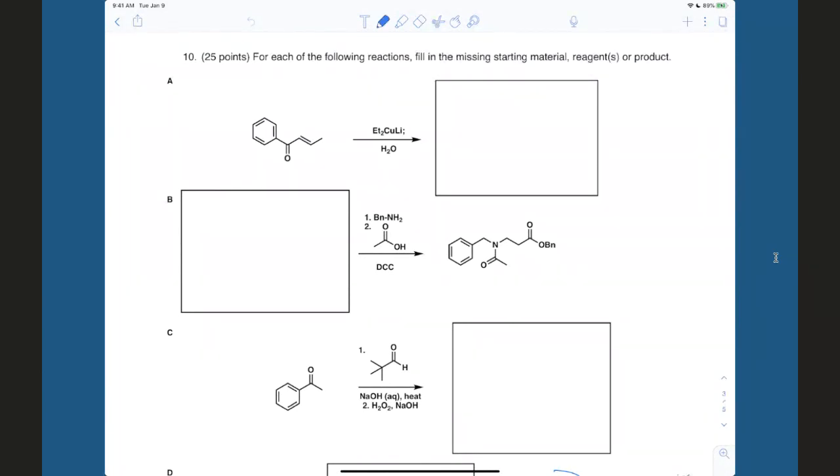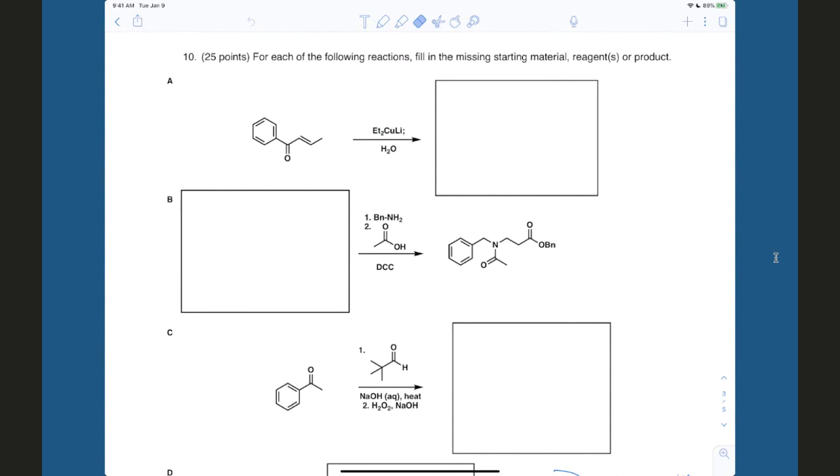So on 10B, can you start with a reductive amination? No, there's just a single component that you would need to draw into this box to get the right answer.